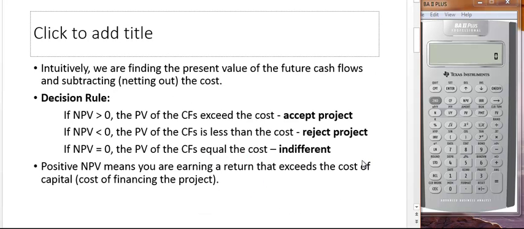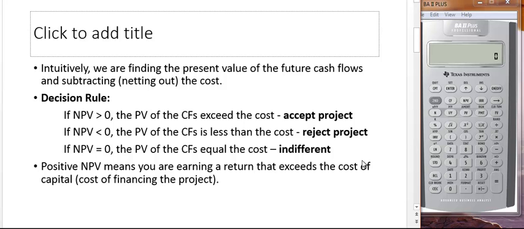So what's the decision rule? The decision rule is relatively simple. Intuitively, we're finding the present value of the future cash flows, and then we're subtracting or netting out the cost. And what's the decision? If NPV is greater than 0, the present value of the cash flows exceeds the cost, and so therefore it's a good project. We should accept it.